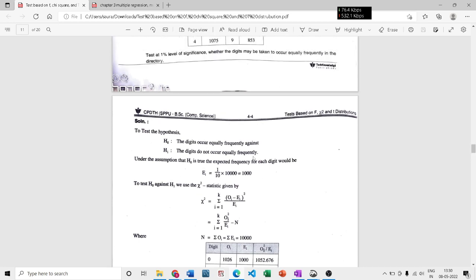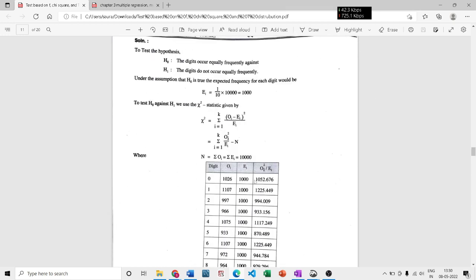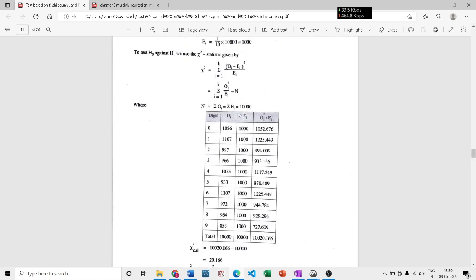So it is 1 by 10 into 10,000. So the expected frequency for each digit is 1,000. Then do the square of each observed frequency and divide it by Ei.